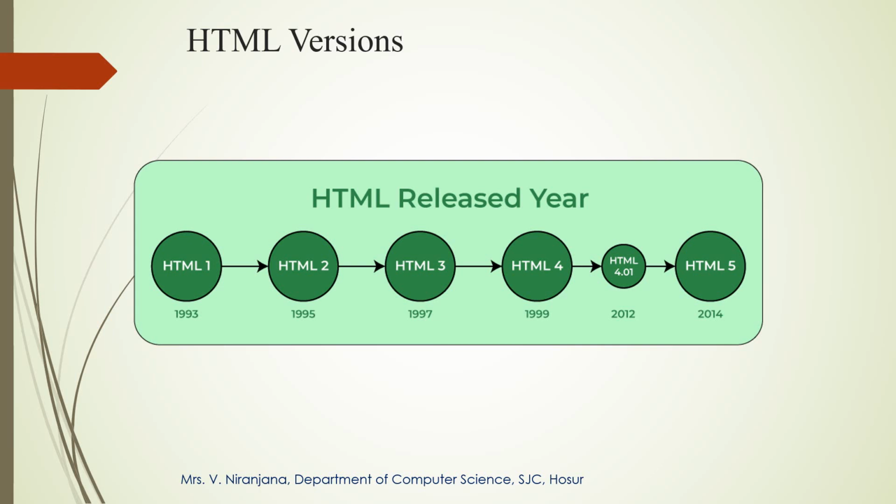The first ever version of HTML was HTML 1.0, but the first standard version was HTML 2.0, published in the year 1995. Then came HTML 3 in 1997, then 4 in 1999, and HTML 4.01 in 2012. In 2014, HTML5 was introduced.